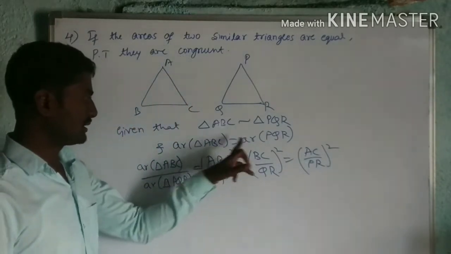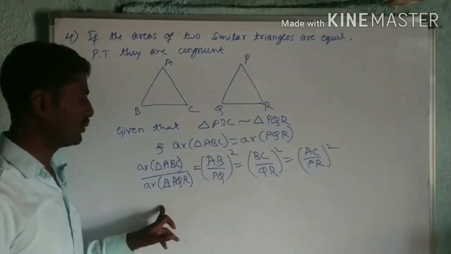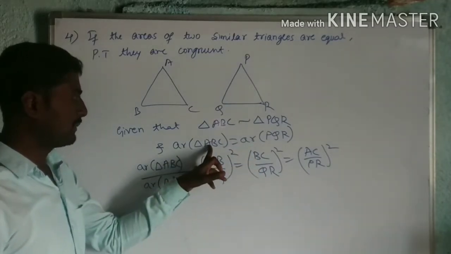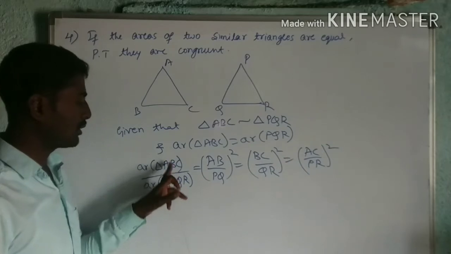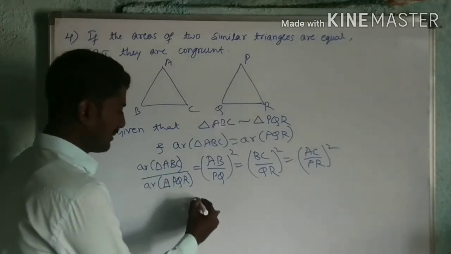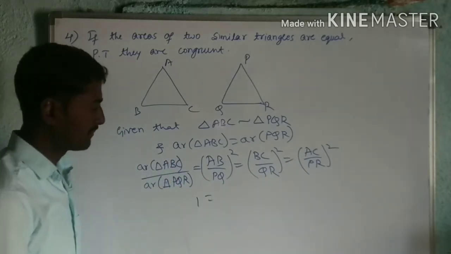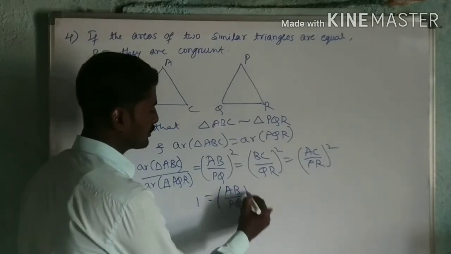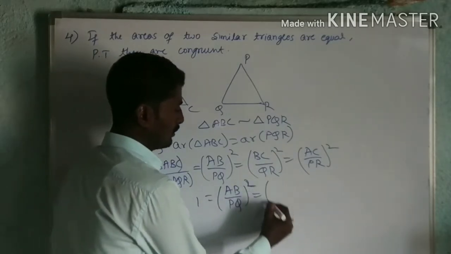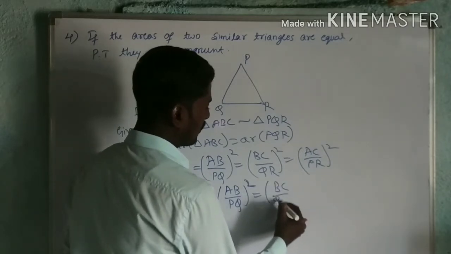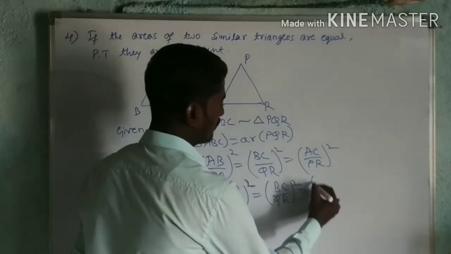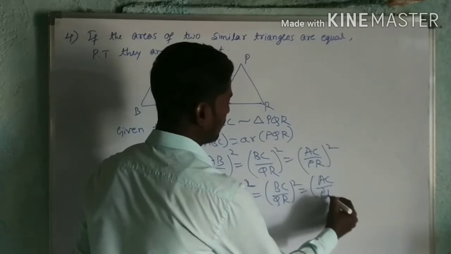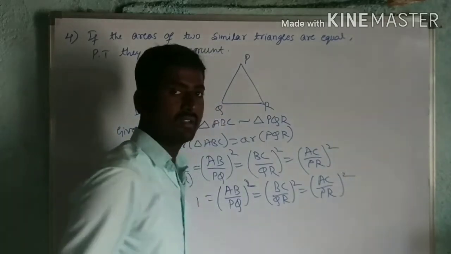Now you use this condition here. In place of ABC, you can take PQR. PQR will get cancelled, so the left side will be 1. So AB divided by PQ whole square is equal to BC divided by QR whole square is equal to AC divided by PR whole square.